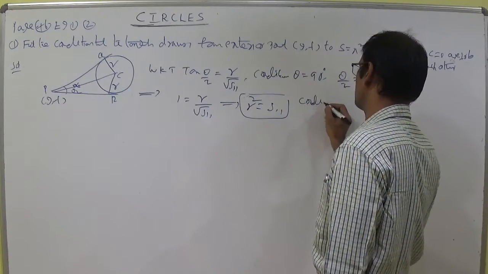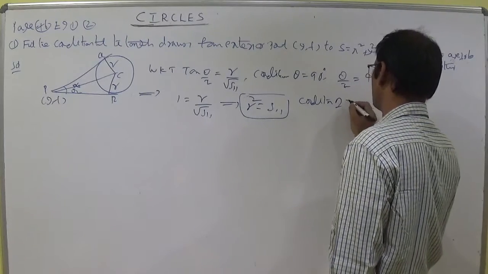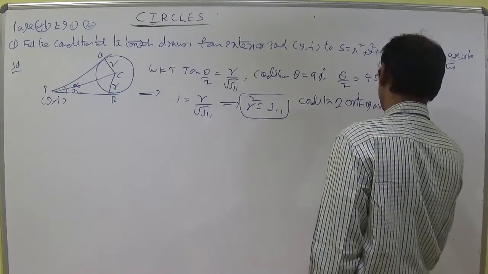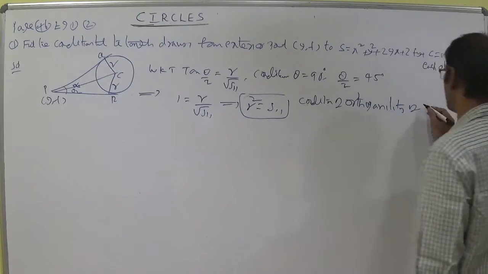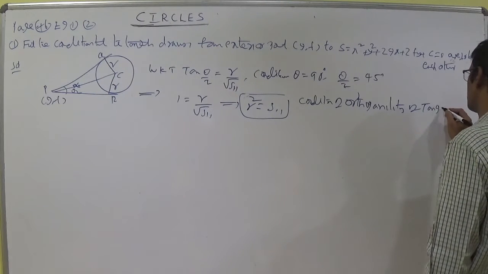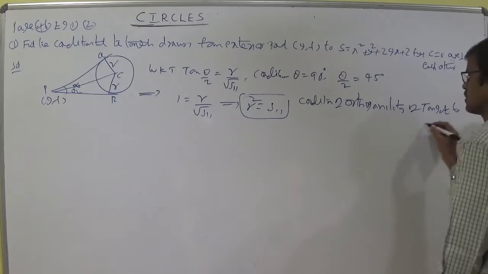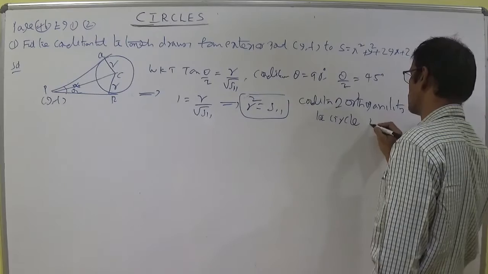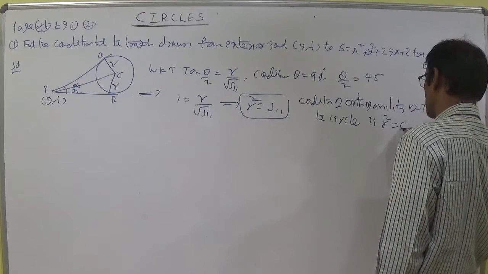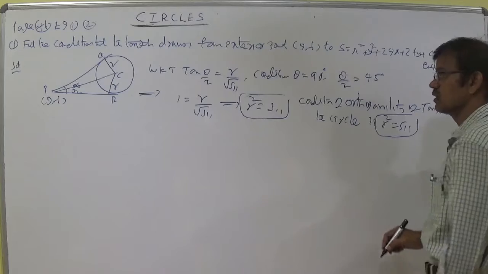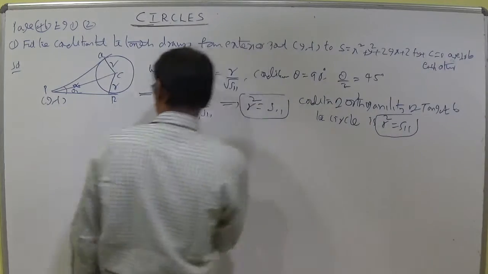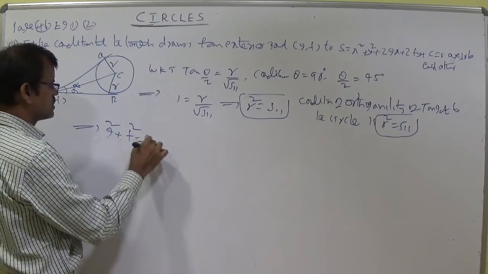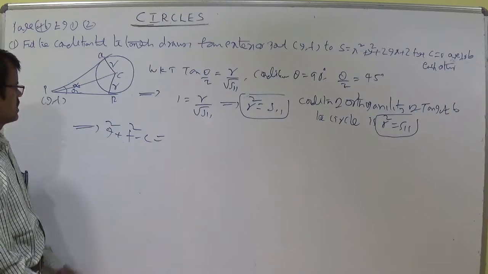Condition of orthogonality or perpendicularity. Condition of orthogonality of tangents to the circle is R square is equal to S11. Hereafter directly you can write R square is equal to S11. That implies, what is R square here? g square plus f square minus c. What is S11?